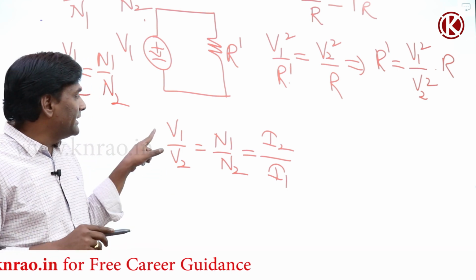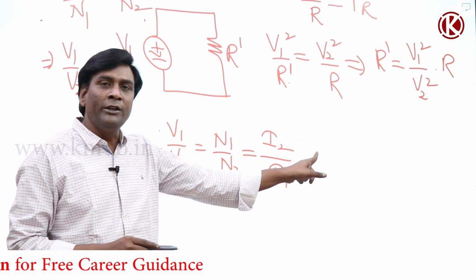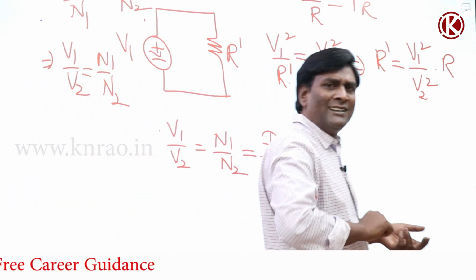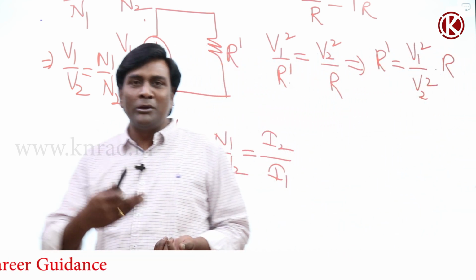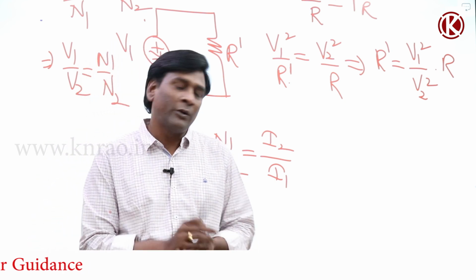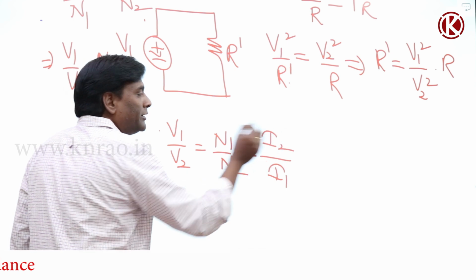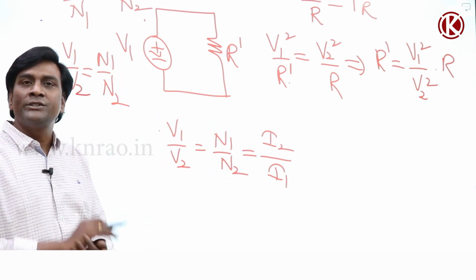In other words, V1 into I1 is the input power, V2 into I2 is the output power. Rather than discussing in depth, because we electrical engineers analyzed transformers in depth anyway, input power is V1 I1, output power is V2 I2, output power equal to input power. We can close this deal this way.